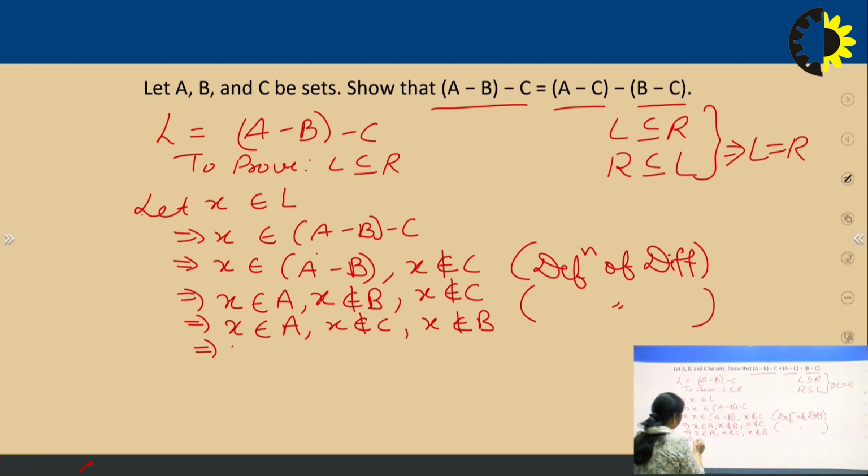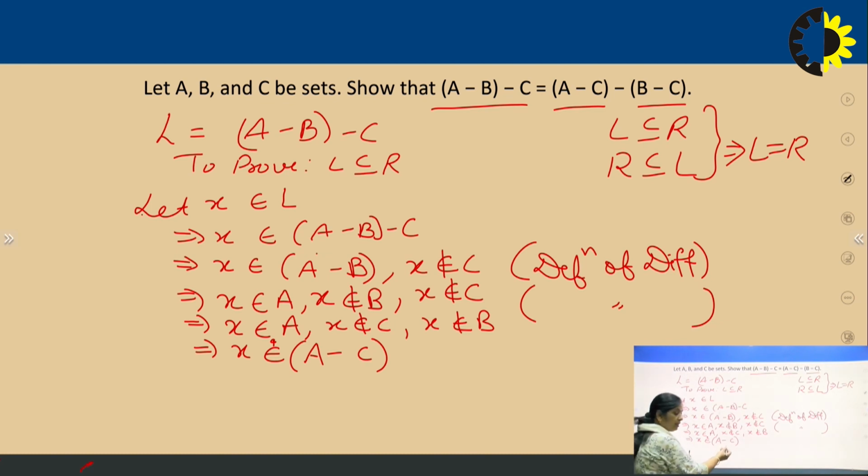So I can simply write x belongs to A but doesn't belong to C. It means we have to exclude those elements of A which are in C and take the others. So x belongs to A minus C. This is what was desired in the right hand side.